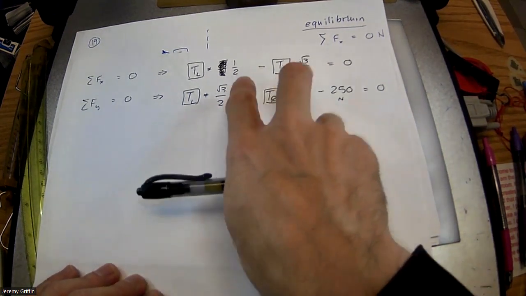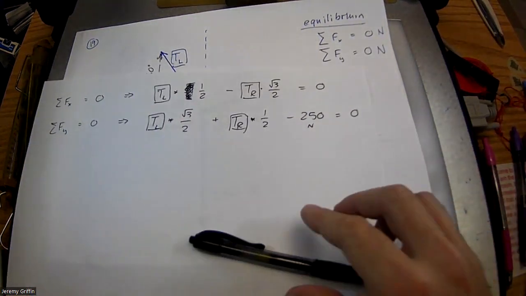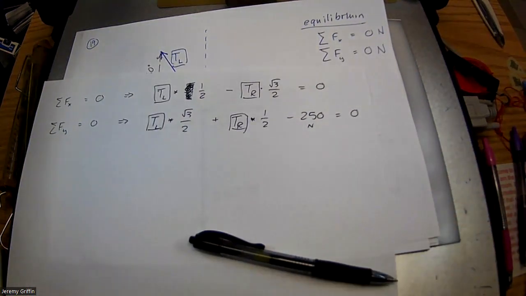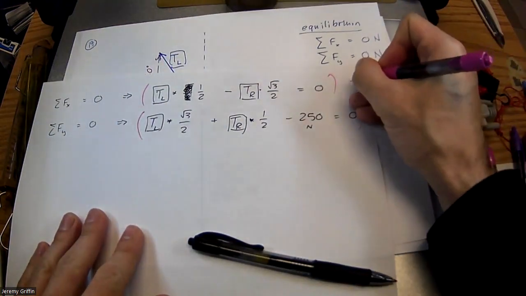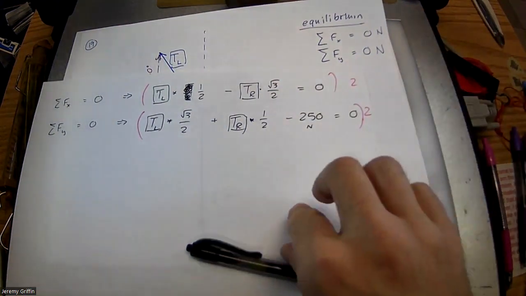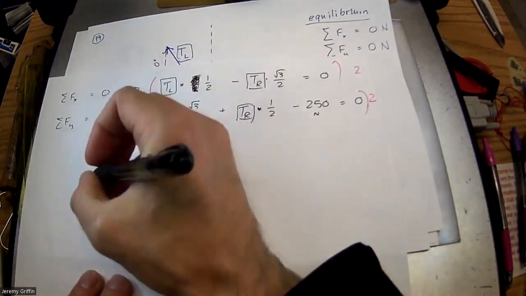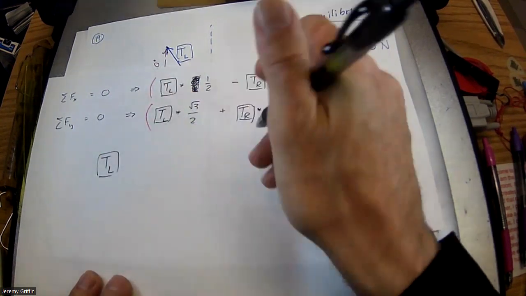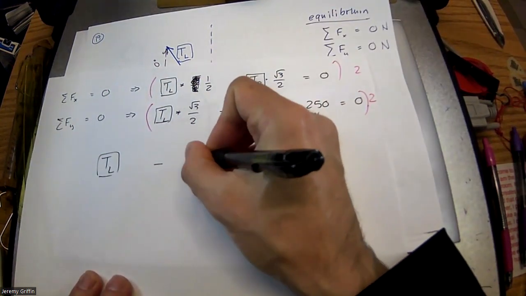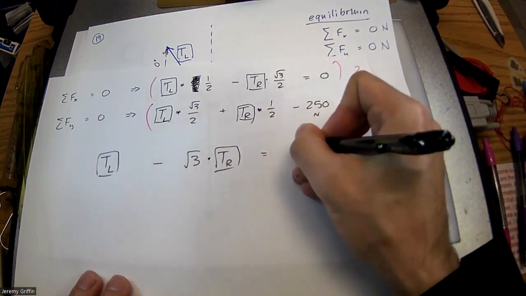Here's what I do. I see a bunch of stuff being divided by 2. Is it okay if I multiply everything by 2? I'm just going to do a few little algebra tricks. There might be like 10 different ways to solve this, but I'm going to get rid of all the fractions just because it looks prettier. So I can say this: tension on the left side minus root 3 times tension on the right side zeroes out.